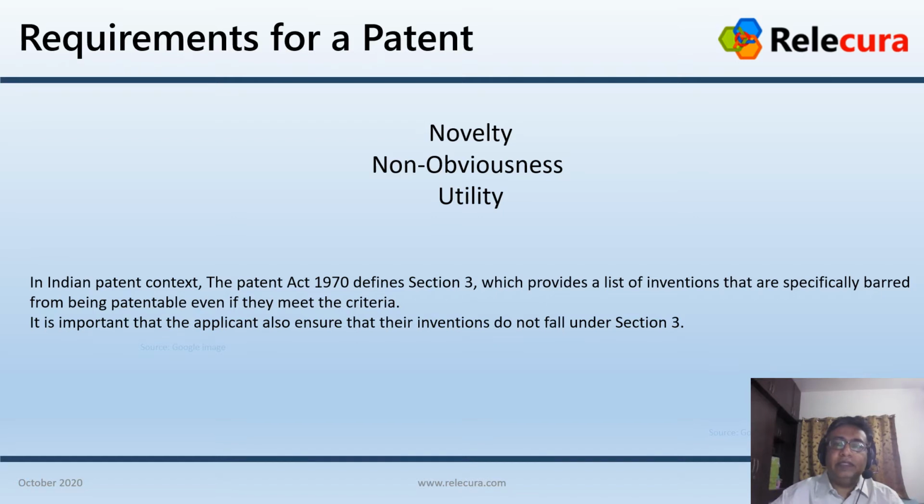The third requirement is utility, which is also known as industrial applicability. Industrial applicability is very important. So these three parameters should match, then you can go for a patent. Apart from that, in the Indian patent context, under the Patent Act 1970, Section 3 provides the list of inventions which are non-patentable.